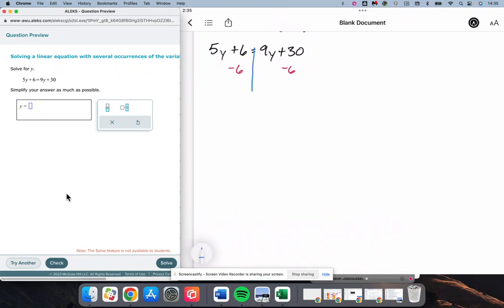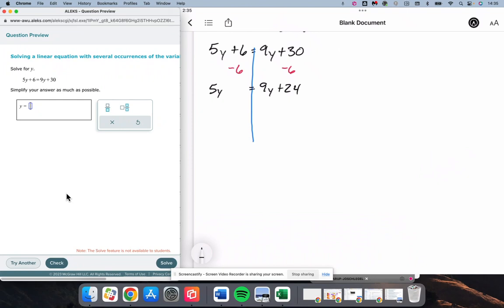If you chose to do any one of those 4 things that I mentioned, you will still come out with the correct answer. It doesn't matter. Just choose something to do and do it. So we got 5y. 6 minus 6 makes 0. That leaves 9y plus 24. Now again, here's what you cannot do.